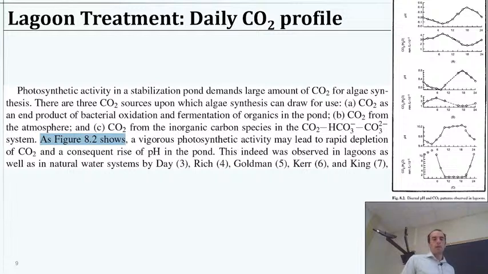And the third is CO2 from inorganic species, just simply CO2, bicarbonate, carbonate, just what's happening with those. And overall, these panels show that vigorous photosynthetic activity could lead to rapid depletion of CO2. And that could become an issue. That also causes a rise in the pH. And that's been studied and there are some references there.